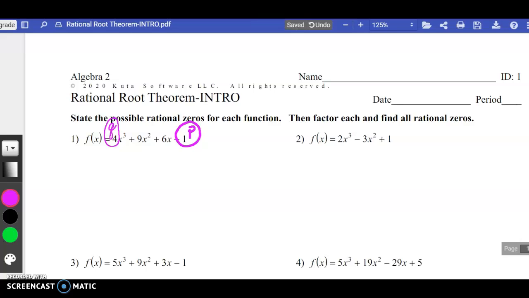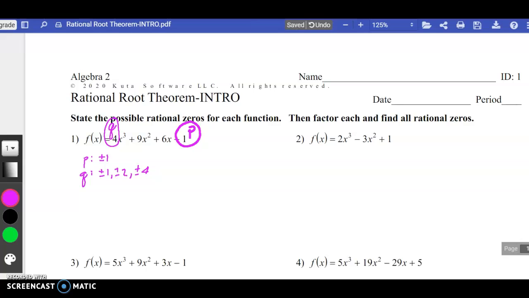What I need from those are the factors. The factors of P are plus and minus 1. The factors of Q are plus and minus 1, plus and minus 2, and plus and minus 4.